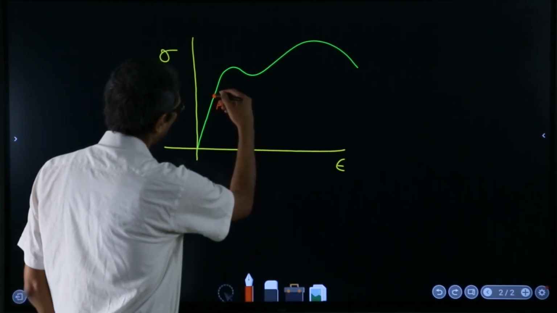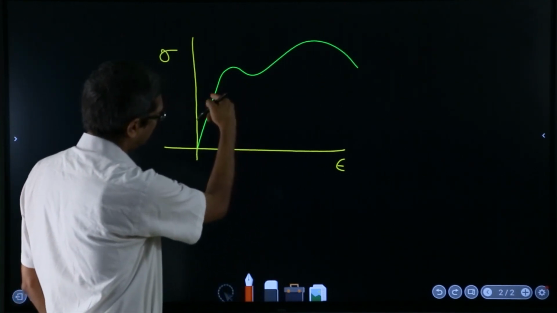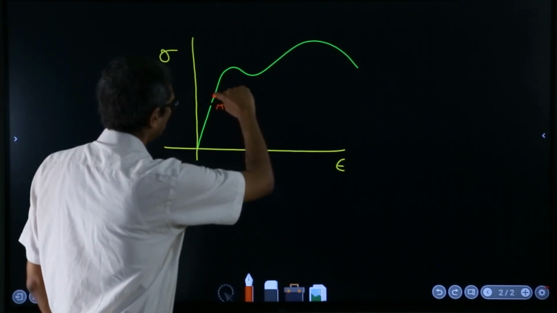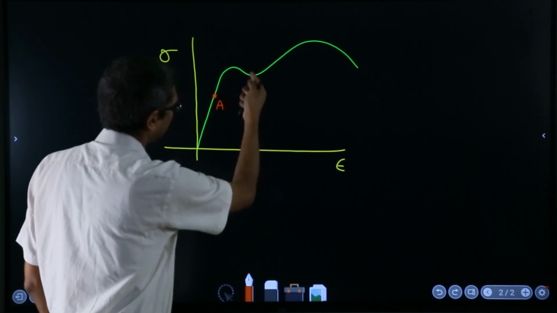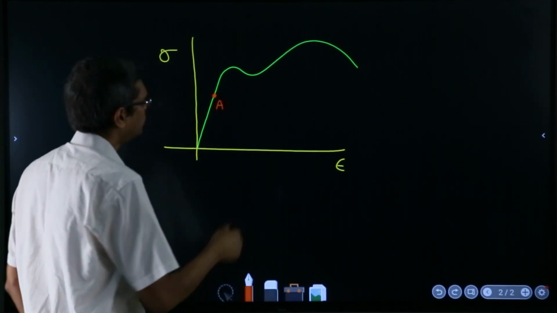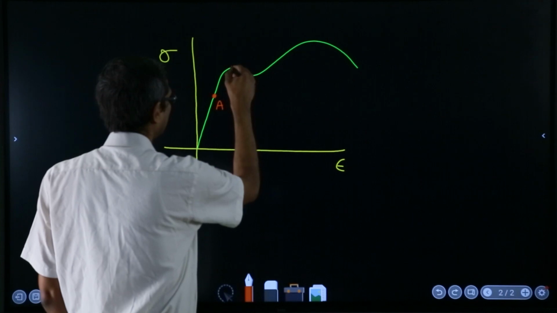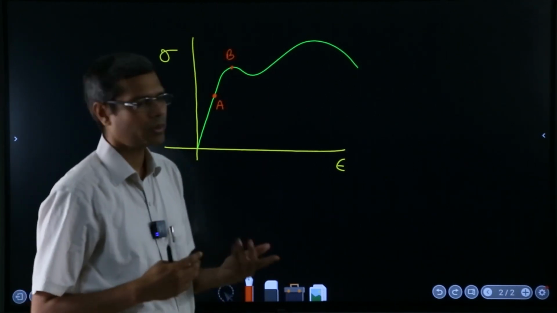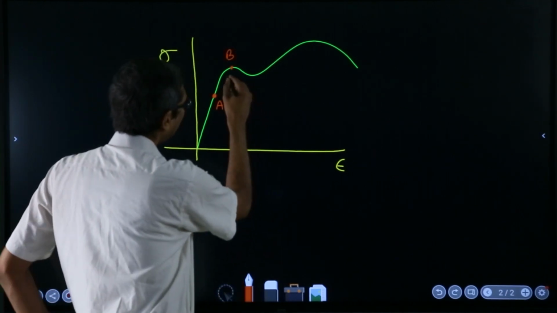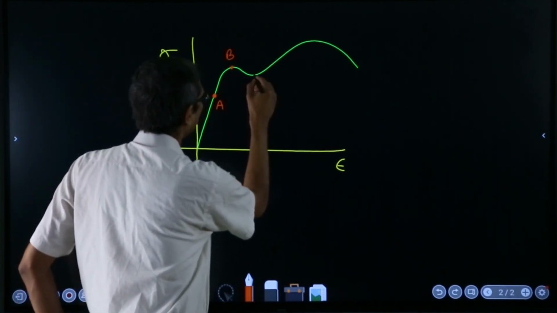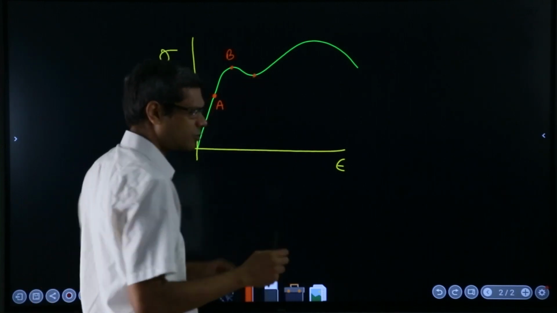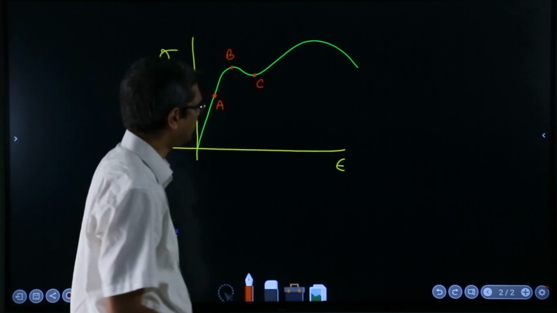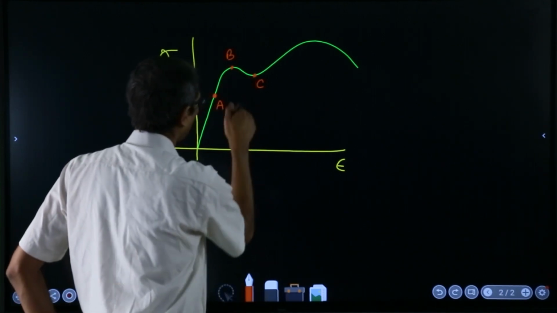But after point A, it will no longer be proportional, the slope will start reducing, and you will reach a point like B, which is generally called the yield point or the upper yield point. Then slightly it will reduce, this dip is a very small dip, and this is sometimes called the lower yield point, and this is the zone of yielding.